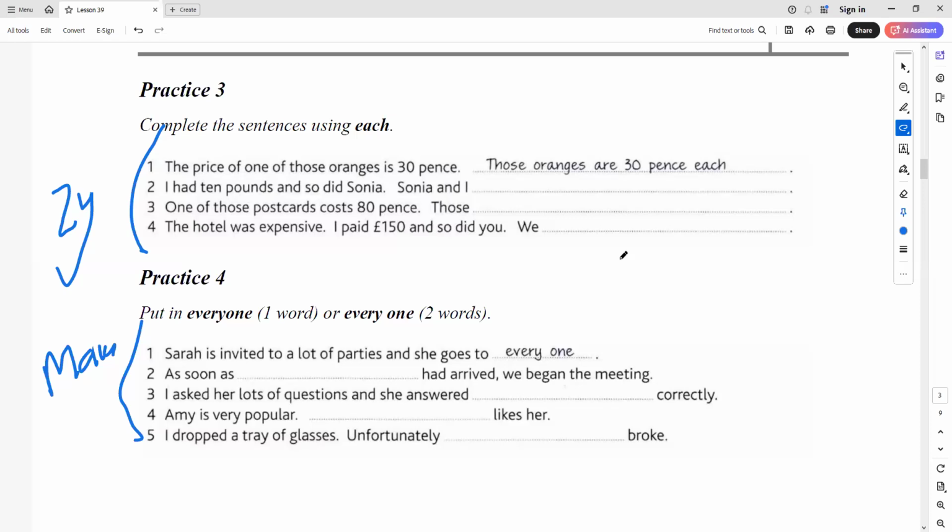Okay. One of those postcards costs 80 pence. Those postcards cost 80 pence each. The hotel was expensive. I paid 150 pounds, and so did you.